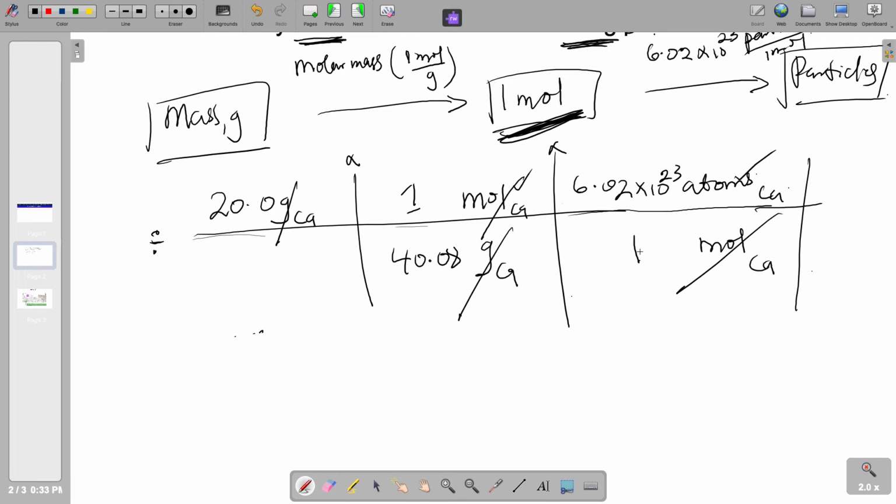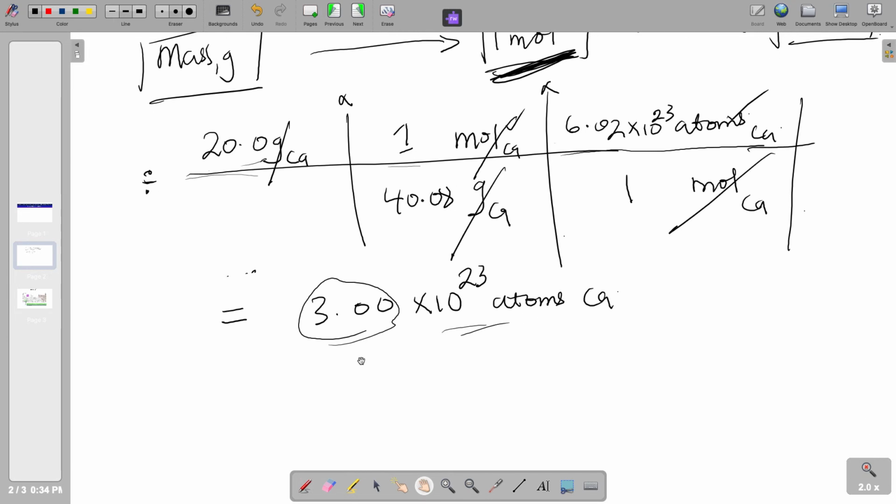So once we do that, our answer should come out as 3.00 times 10 to the power 23 atoms of calcium. Okay, atoms of calcium. Now here I'm putting the answer to three significant figures because this has three significant figures, this has three significant figures. But again, I just don't want to stress significant figures here. Understanding the process is key at this point. Okay, so that is that.